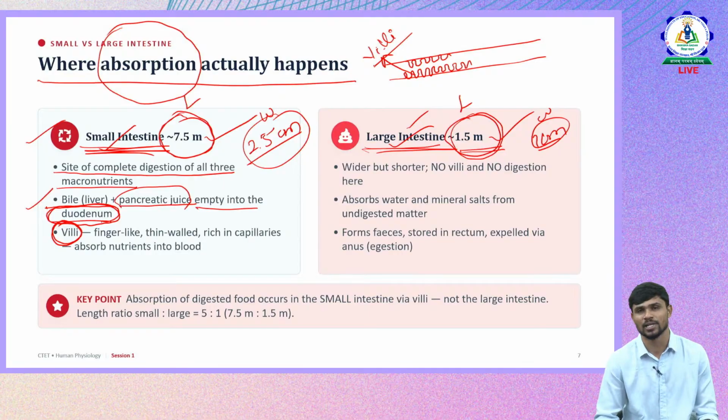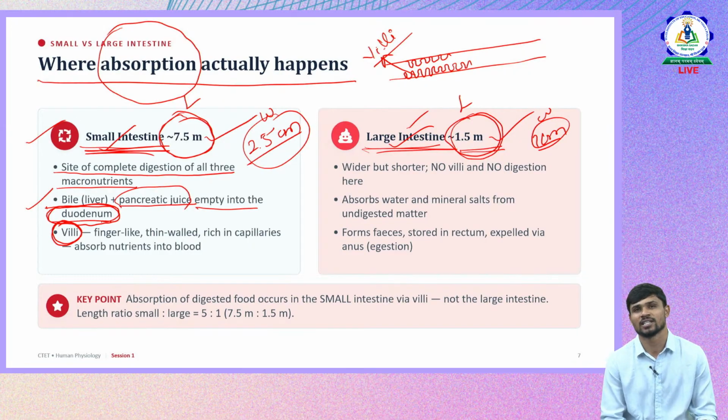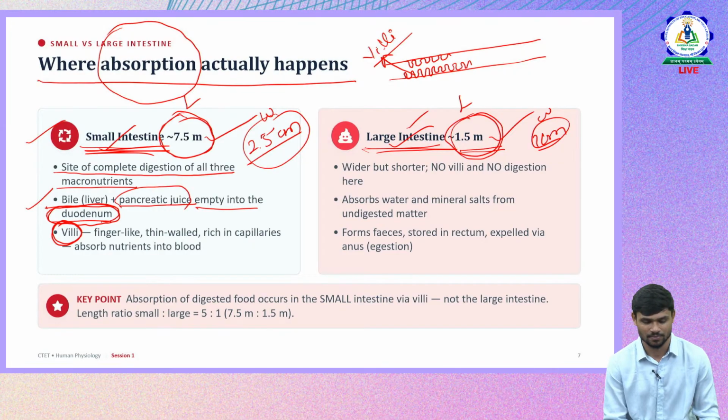These villi, these finger-like projections inside the inner lining of the small intestine, start absorbing the food. And how do they absorb? These villi have numerous blood capillaries, because of which the digested food directly enters the bloodstream and will be circulated throughout our body.